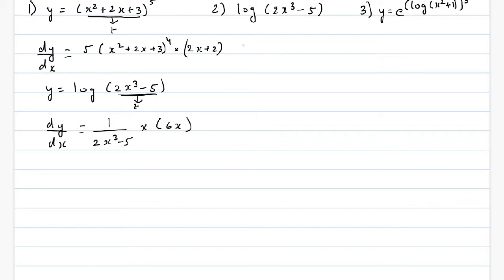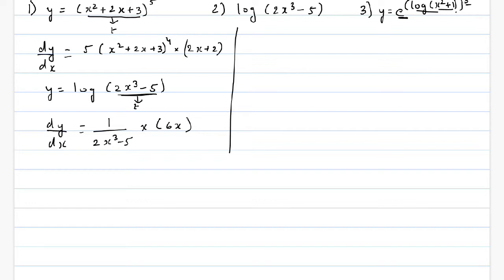Then for the third one, we have four different functions. We have this x square plus 1, then we have log of that, then we have cube, and then we have e raised to. So we have four different functions here.